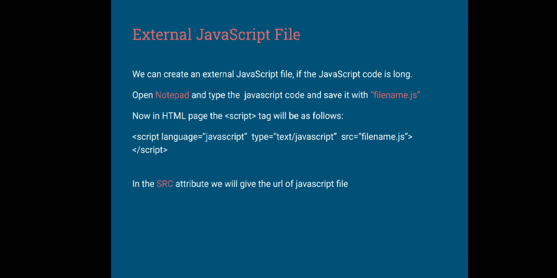For example, I've already created a JavaScript file with the name filename. So here in this general form, you can see the src value as filename.js. So in this method, I can create an external file and link it to a web page or a group of web pages where I require the same programming.